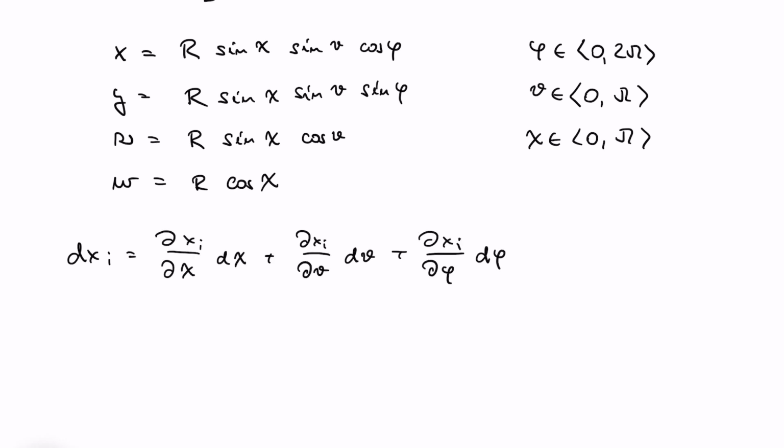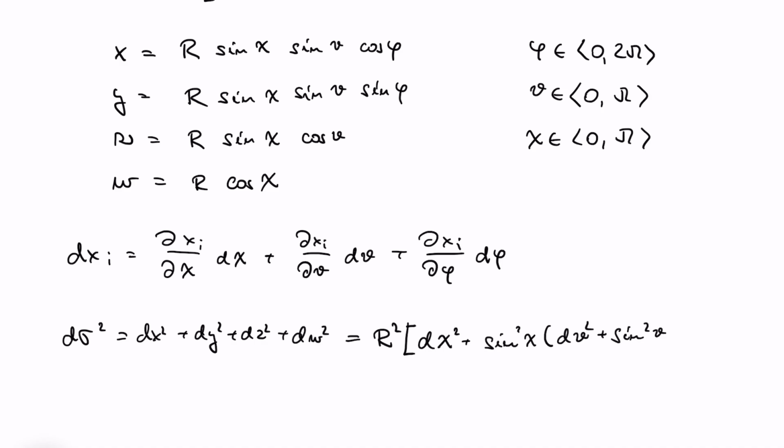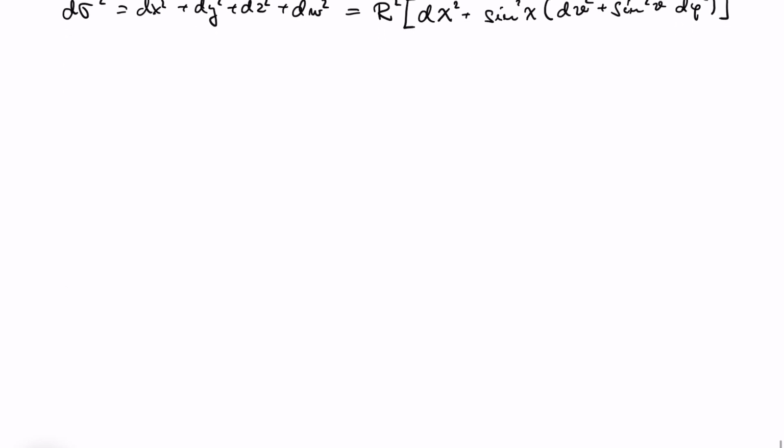And if this is worked out, then we get the line element on such a hypersurface, like this. And this is exactly the form that we obtained from the Friedmann-Robertson-Walker metric with k equal to 1. So in this case, r is sometimes referred to as the radius of the universe.